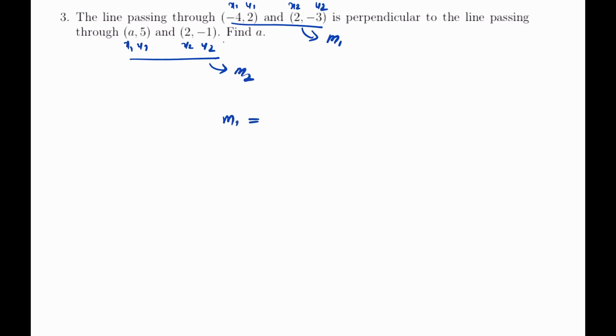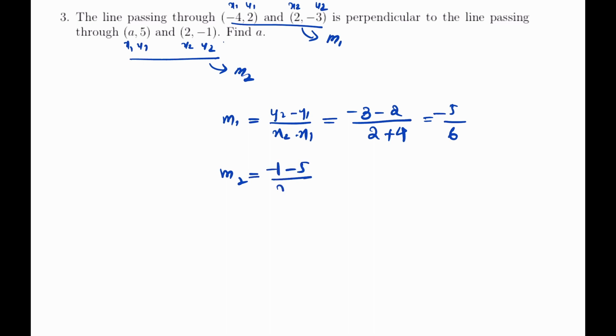So m1 is equal to y2 minus y1 by x2 minus x1, equal to minus 3 minus 2 by 2 plus 4, equal to minus 5 by 6. And m2 is equal to minus 1 minus 5 by 2 minus a, so minus 6 by 2 minus a.